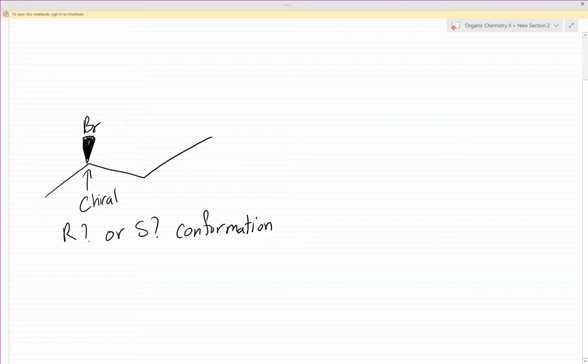To determine R or S conformation, you will have to rank the atoms attached to this chiral carbon. The way you do that is you rank them based off of their size or molecular weight.